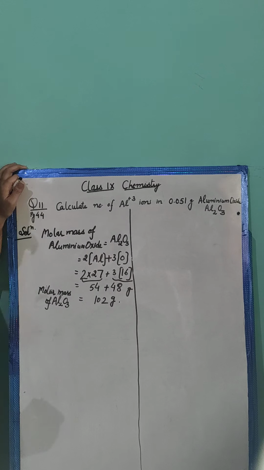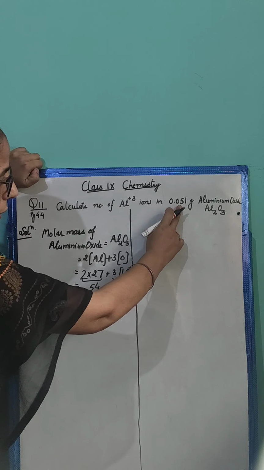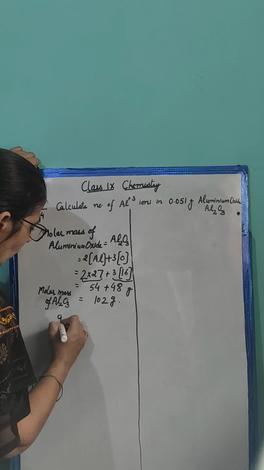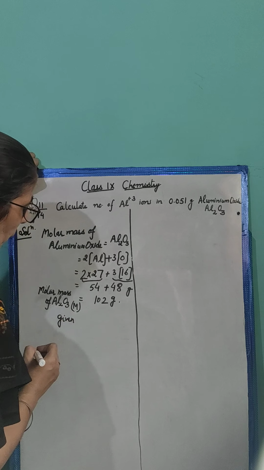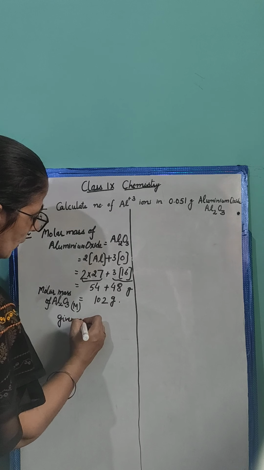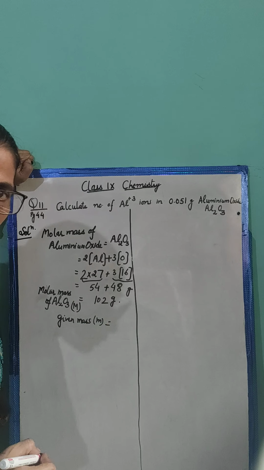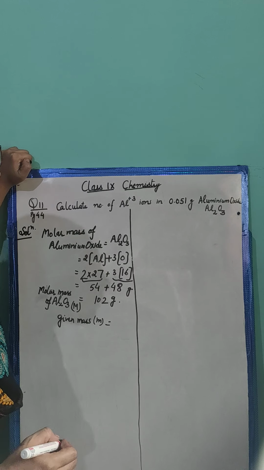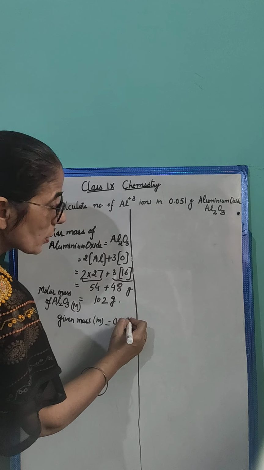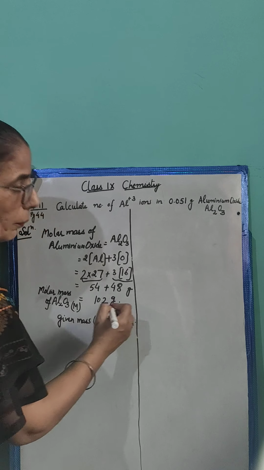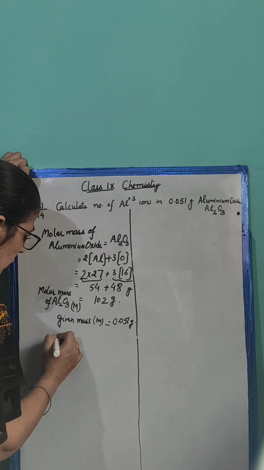Now we want to find the number of moles in the given mass. Molar mass is represented by capital M and given mass is represented by small m, and small m is given to be 0.051 gram. So what we have to find? Number of moles.